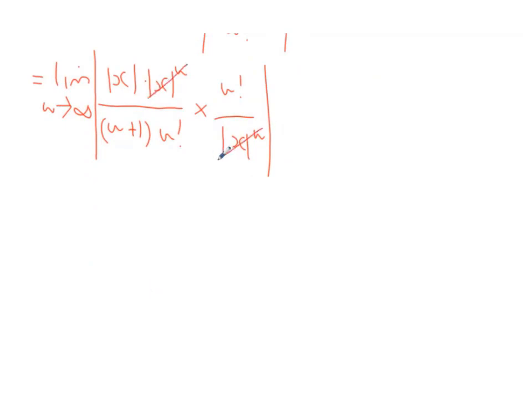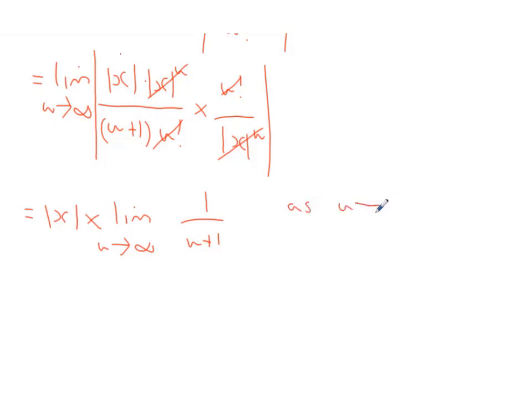x to the u, u factorial cancel. We've only got this one x left, so we can pull that out. So we have the absolute value of x times the limit as u approaches infinity of 1 over u plus 1.